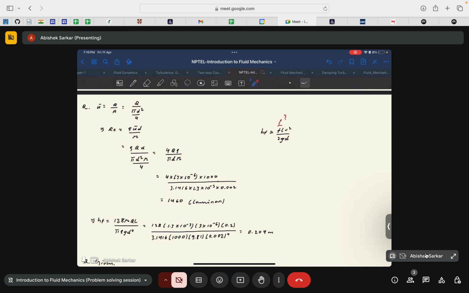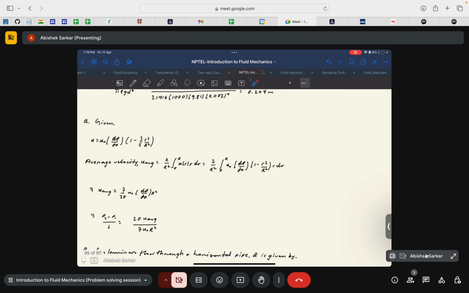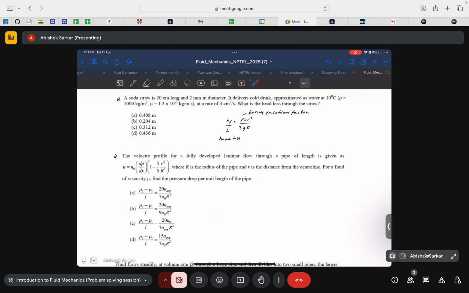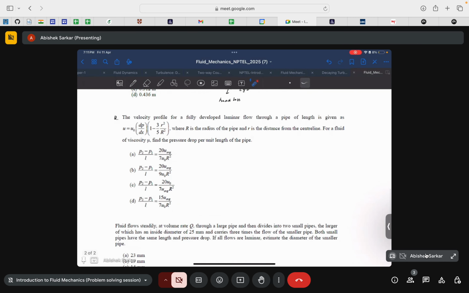So it's relevant in this case also. Once you substitute the values of mu, q, L, pi, rho, g and d, you will get HF as 0.204 meter. So the final question for today's discussion is done. Sorry for skipping so fast. I really don't do that, but I have to cover the content.